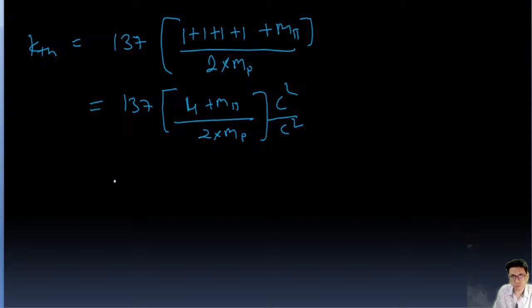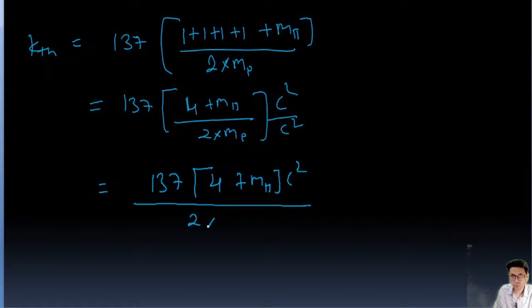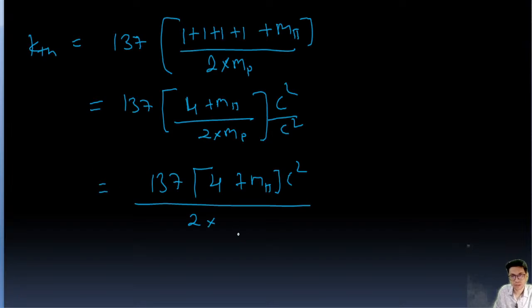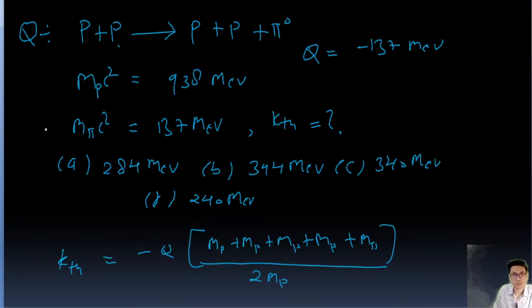So then we'll put the values here: 137 into 4 plus M pi C square upon 2 into MP C square, and MP C square has been given as 938.